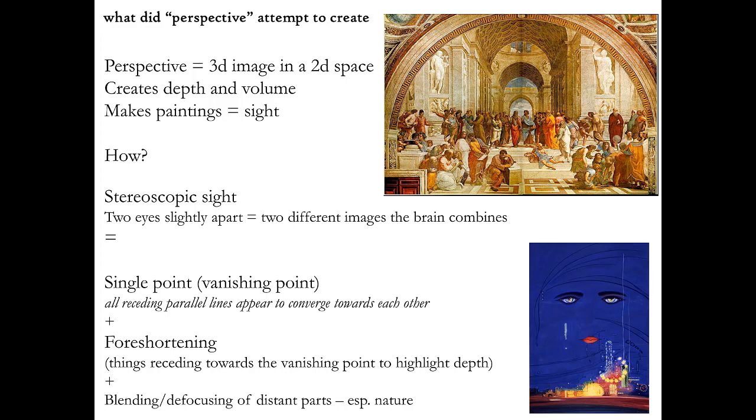Well, the road never does. The road is straight. The road is parallel. But because of how you see things, it looks like it converges. So you add foreshortening, you add blending and defocusing of distant parts. And what that does is it gives depth, a three-dimensional image in a two-dimensional space.